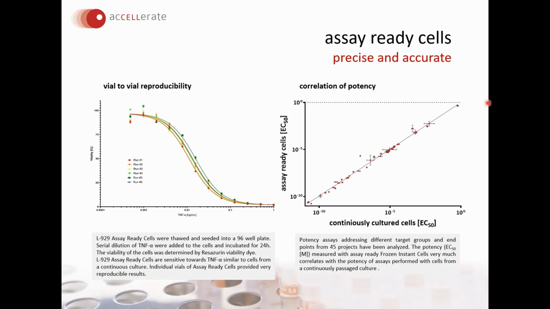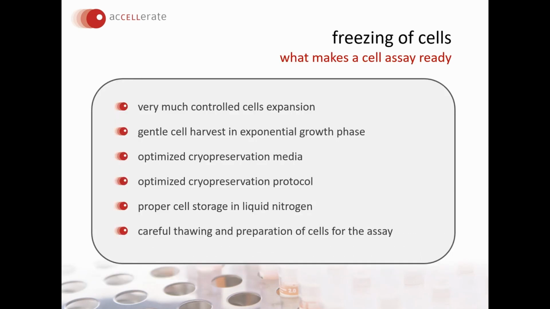They only have a single outlier where it was difficult to obtain this. And with all this experience since 2004, they only had a handful of projects where it was a little bit more difficult to obtain that. But in general, the use of Assay Ready cells can very well be applied for different kinds of cell-based assays.